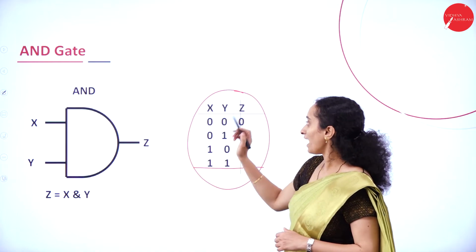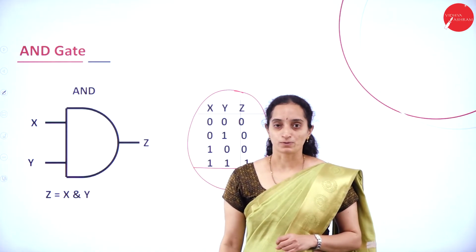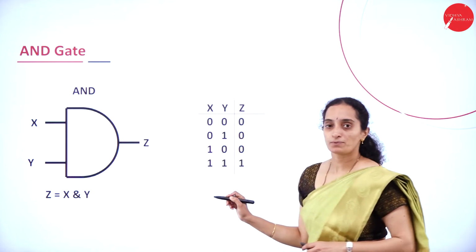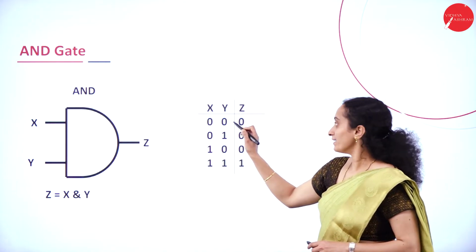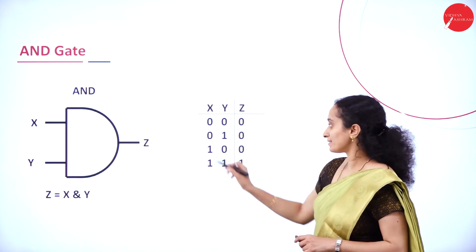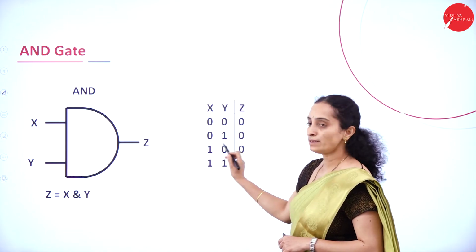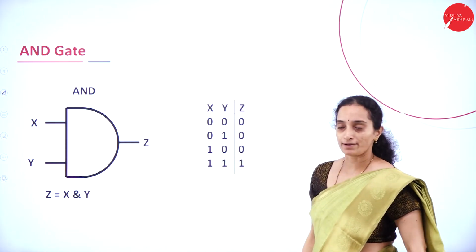AND operation will have two inputs, isn't it? You can have the AND gate with two inputs, x and y, and one output z. The combinations you can have are 0 0, 0 1, 1 0, 1 1.